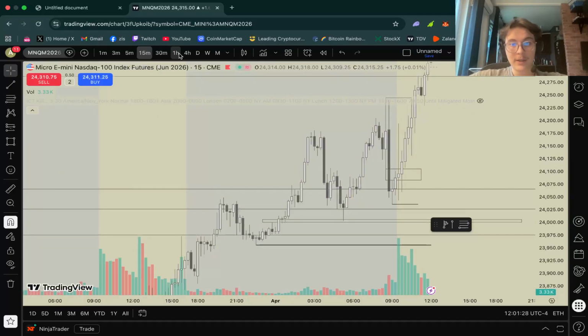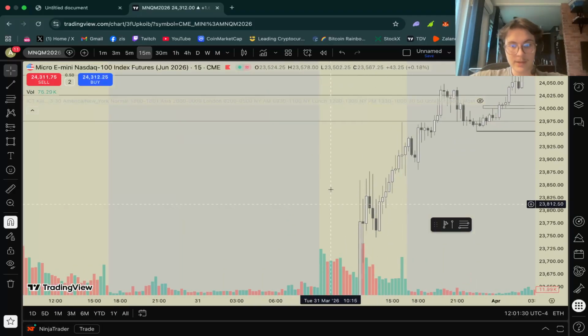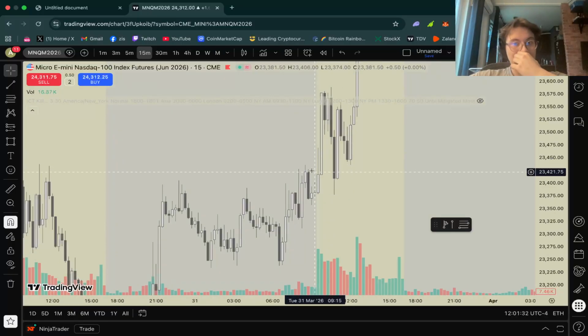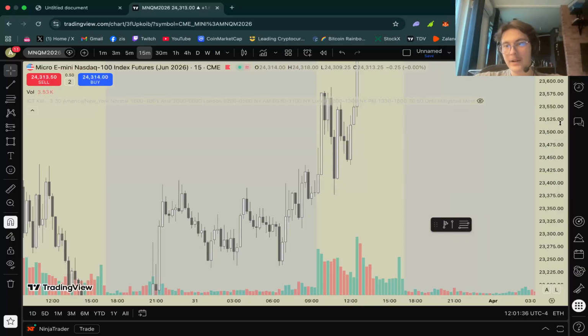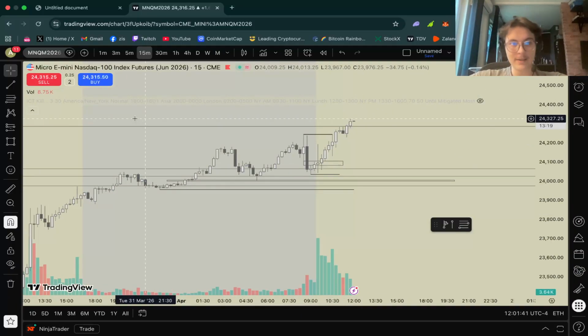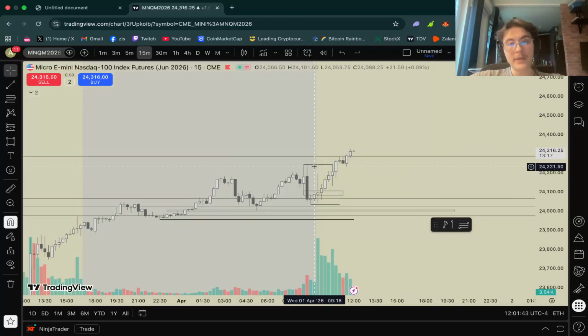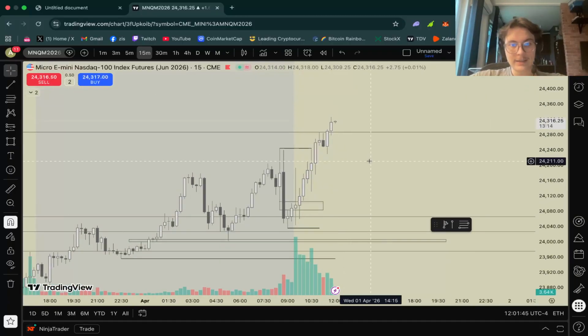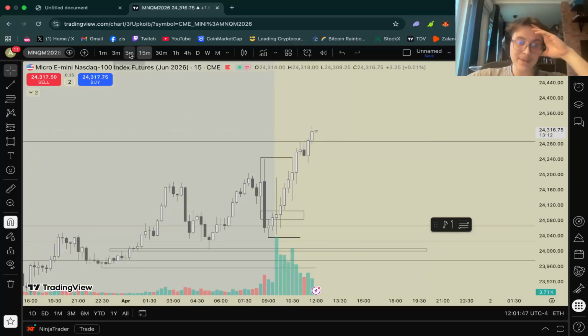Yesterday's setup, I also think was very nice because, as explained, it swept this nicely. I reckon that technically that trade would have made sense. And same with today, mechanically, technically, the trade seems to make sense. This is 9:30.